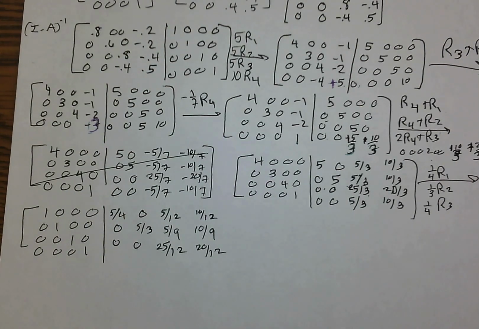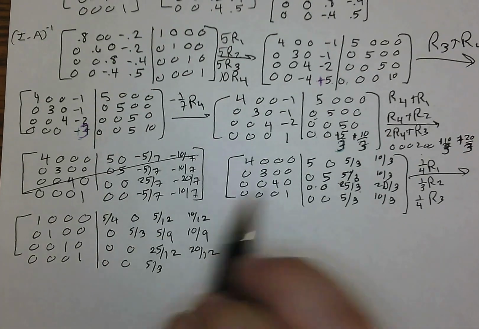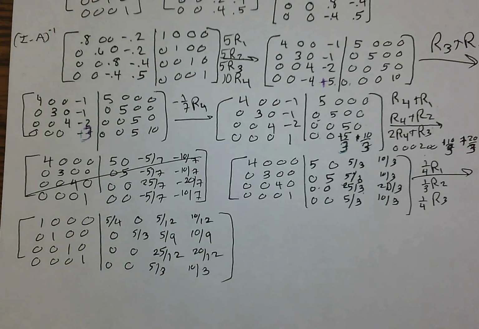And the last row we are not changing at all, so 0, 0, 5/3, and 10/3. All right, checking here. Looks good to me. Okay, so now we have our I minus A inverse, and we need to multiply it by D.